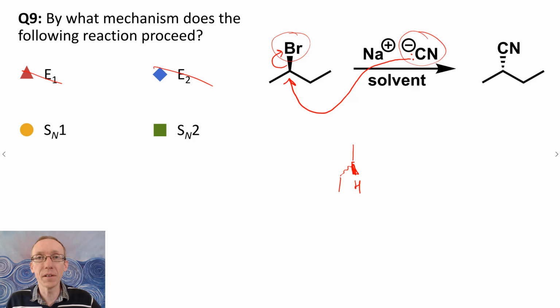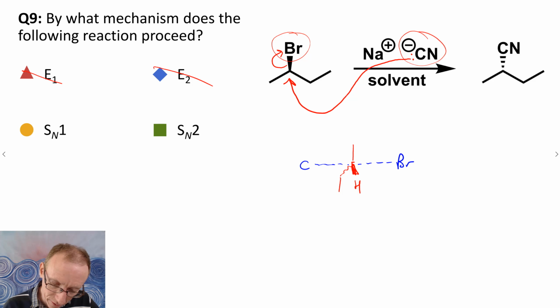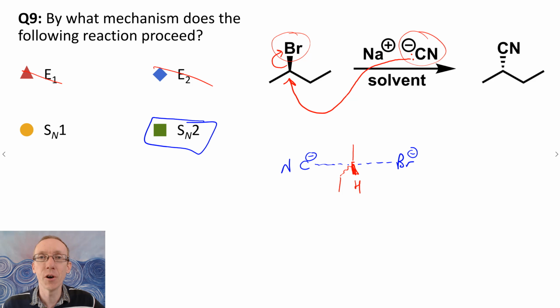I don't know whether I've drawn the same stereochemistry there, but the overall look of this will be the same, with the leaving group departing like this, while the cyano group comes in like this. As the cyano group comes in, the whole tetrahedral configuration of that carbon atom flips over, like an umbrella inverting. And so the SN2 mechanism is where we see that inversion of absolute configuration.